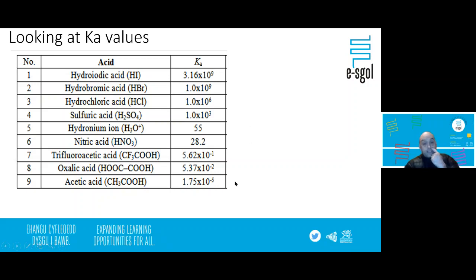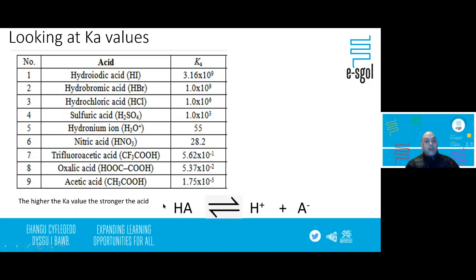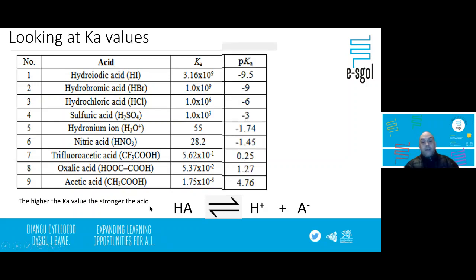The one thing you'll notice about these values is there's a massive variation in them. So one of the things we do, like we just did with hydrogen ion concentrations, is we take a minus log base 10 of the value. Okay, and what we're doing is basically compressing. So you can see here, I'm just talking about the Ka values, and here you can see I've turned them into what's called a pKa value. Interestingly, the P is just like the P in pH.